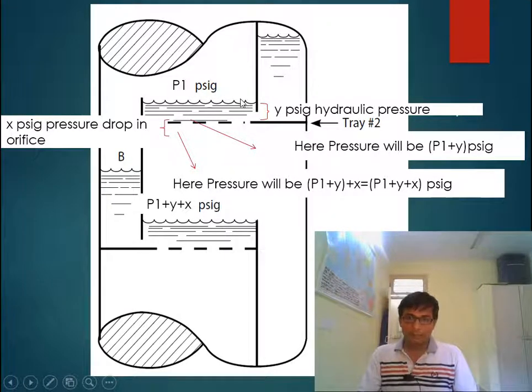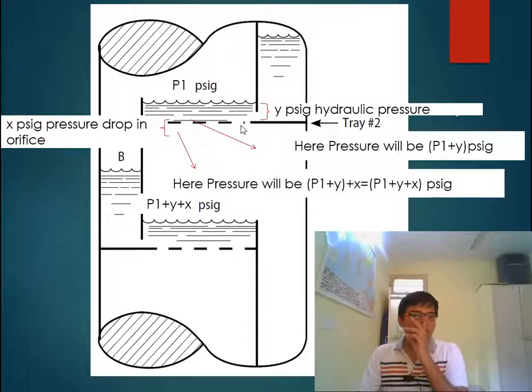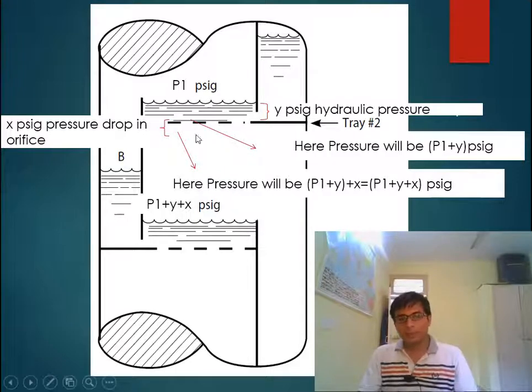But when liquid drops directly to the bottom tray, it won't have any intimate contact with the vapor, and there won't be residence time for the liquid to pass through this much length. So what will happen? The mass transfer between the liquid and vapor will be much less, so efficiency will be drastically reduced.